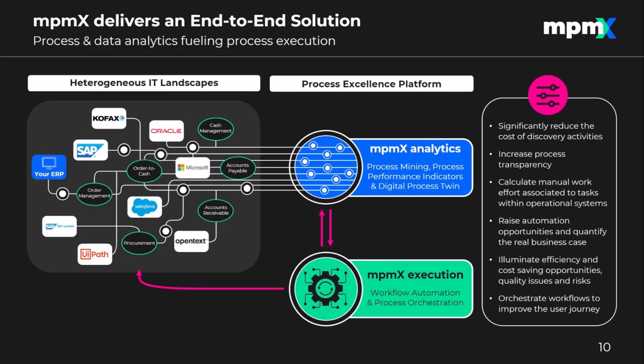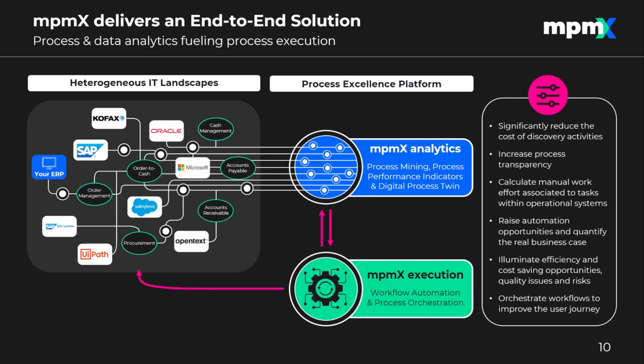This is how it looks like in companies at our customers. So many companies have very heterogeneous IT landscapes. There are many different processes happening in companies, not just production processes, but also the cashing processes or procurement processes.